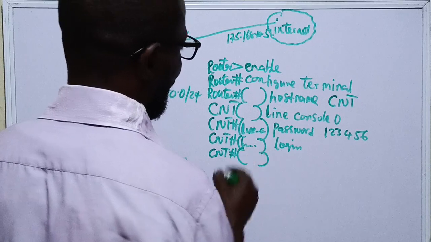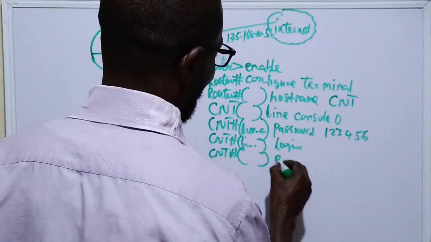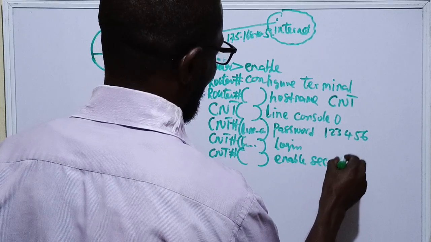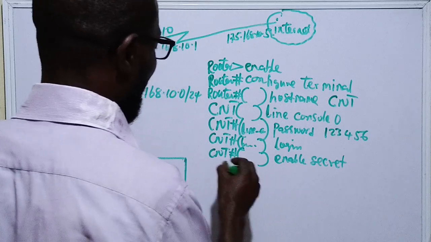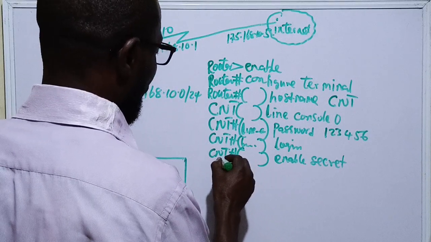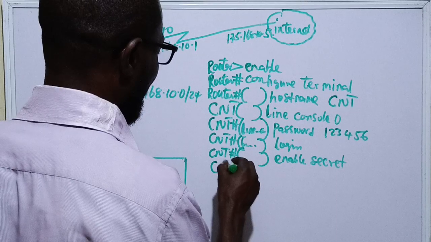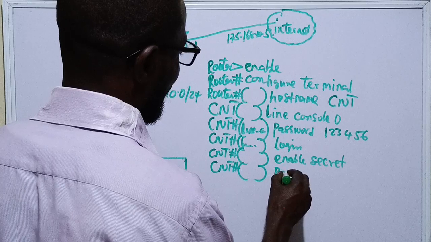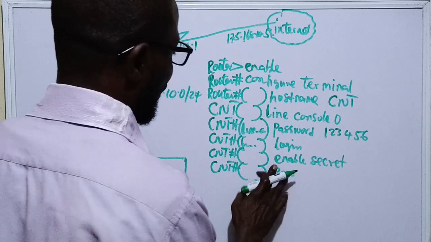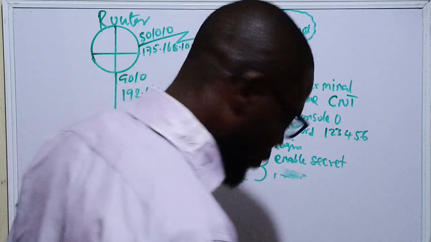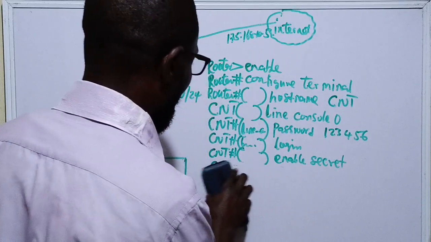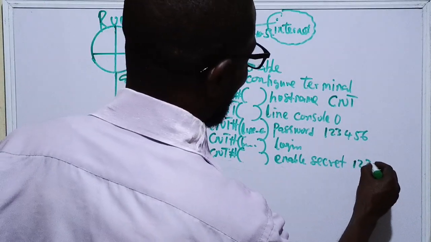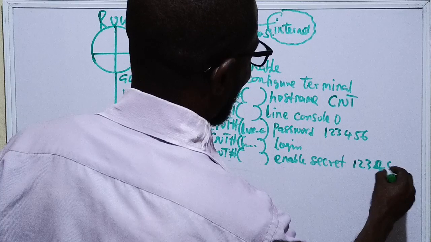This is the global configuration mode, where you put enable secret. You hit enter; you don't need to put the router name here, just immediately put enable secret, and you can use 1, 2, 3, 4, 5, 6.